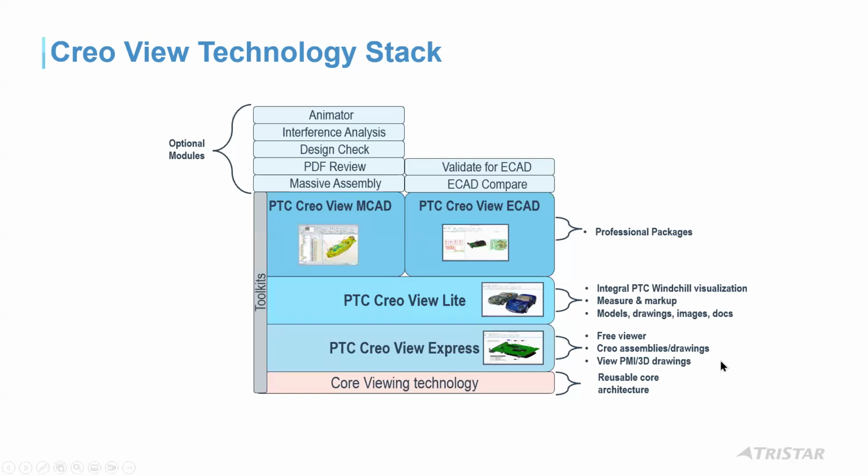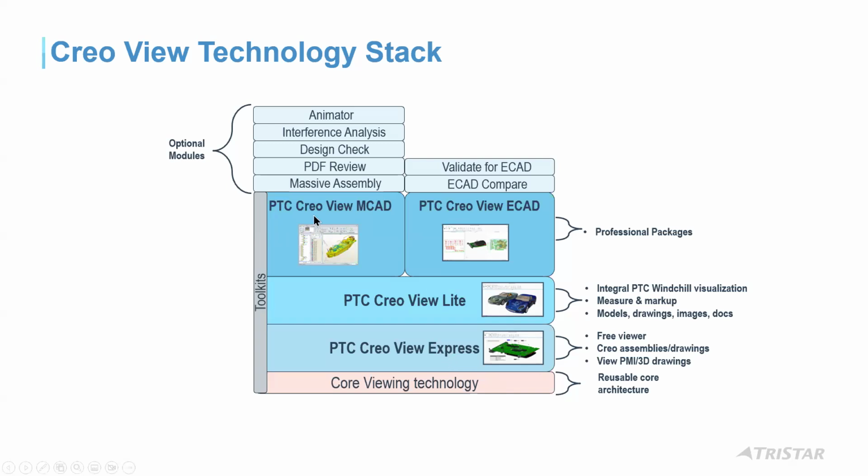Even if you are in Windchill and you need to download that model, you can also do it as a single file. If you have a large assembly, you can open it up with the viewer, but if you want to look at it offline, you can also download that view of that model and then use either Creo View Lite or Creo View Express.